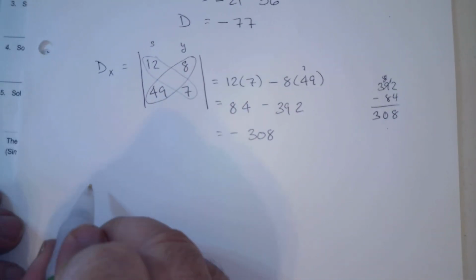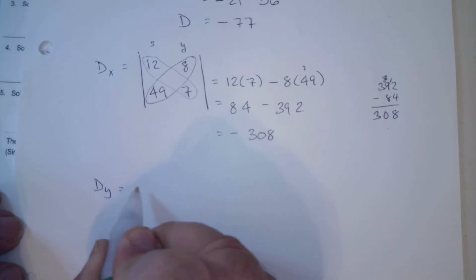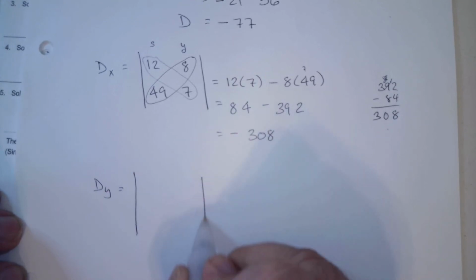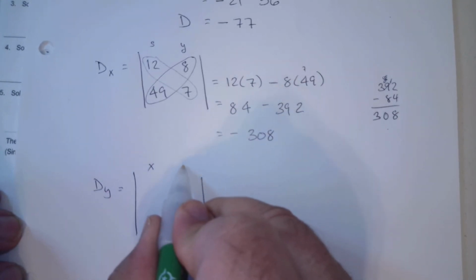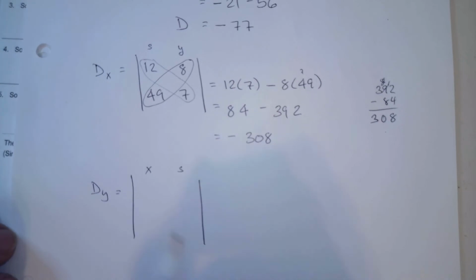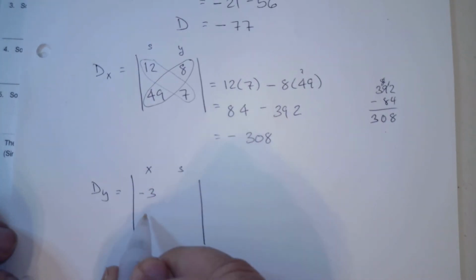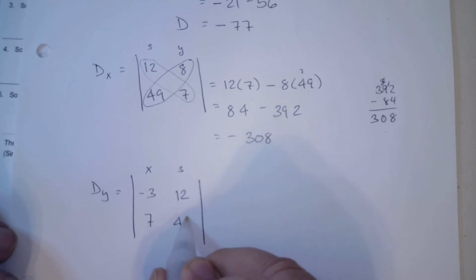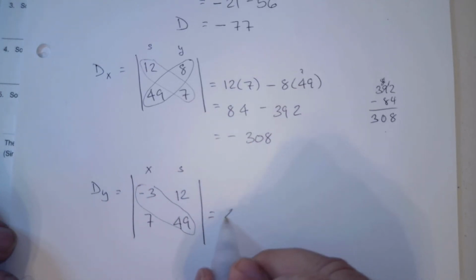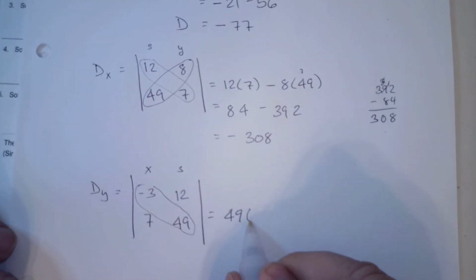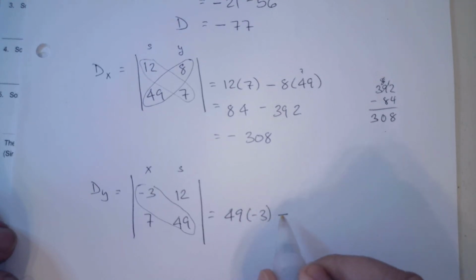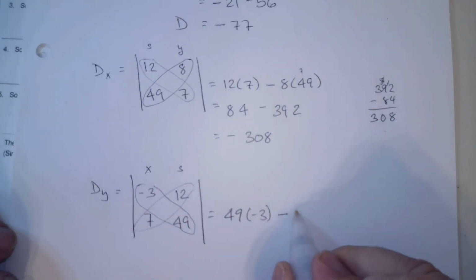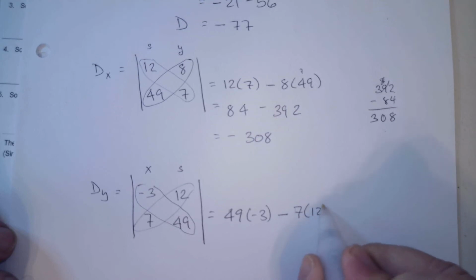Alright, so now we figure out dy. Leave the x alone, put the solutions. So it's negative 3, 12, 7, 49. 49 times negative 3 minus 7 times 12.